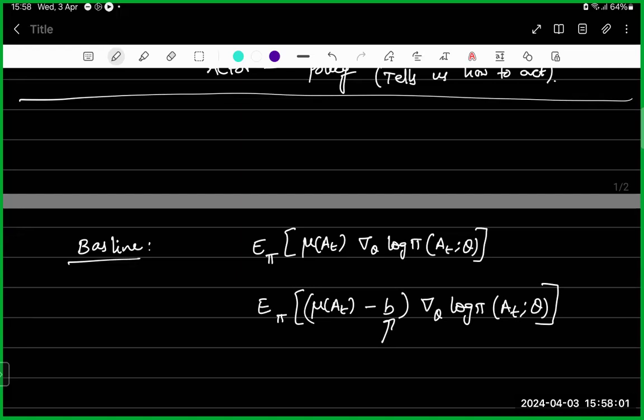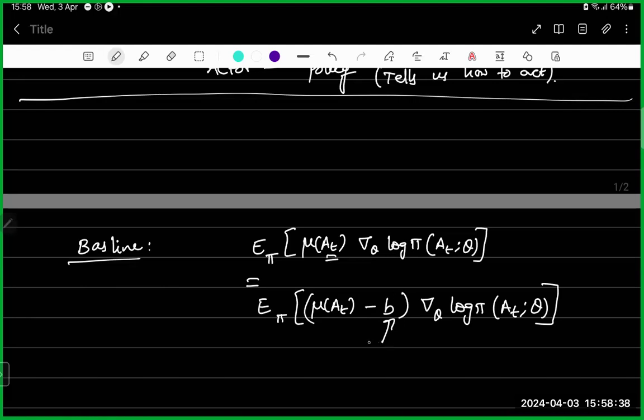What we can show is if you substitute any B which is not a function of your AT, as long as B is not a function of AT, both these expressions will be equal. Generally, this is used to have some stability in the algorithm, because we are not changing anything in the gradient, but it will give us more stability.